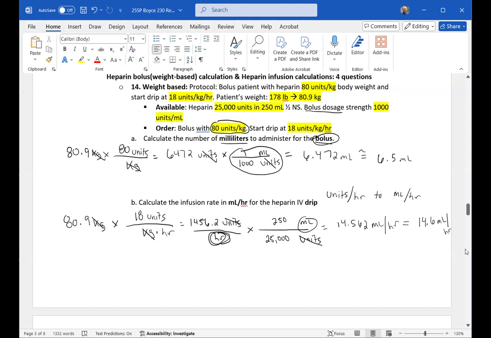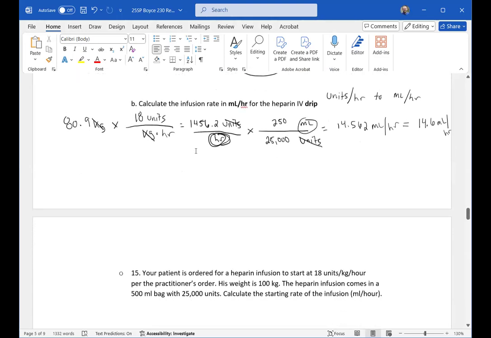Are there variations to the protocol? I'm sure there are, and if there are, you just follow whatever those variations are. However, at CCAC, I've not seen alterations to these standard weight-based protocol orders and availables. Once you learn how to read these things, I think you'll be fine in general.